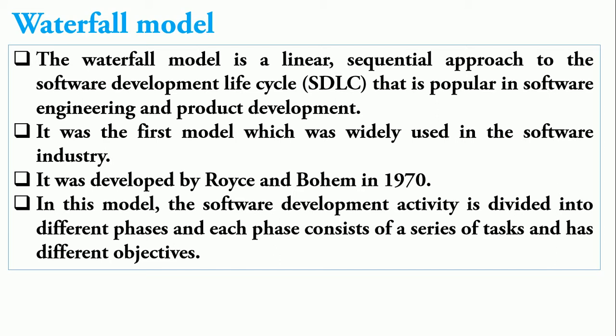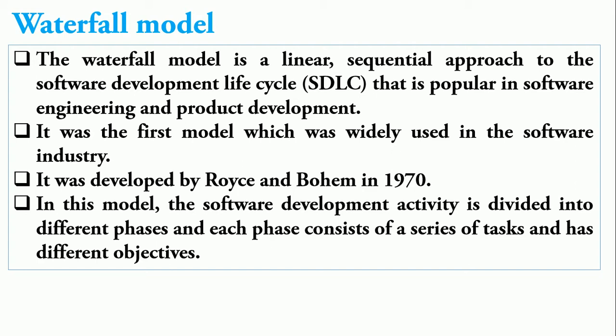It was developed by Royce and Boehm in 1970. In this model, for development purposes, we have divided the work into different stages, and those stages perform different operations. Every stage and phase has several tasks and objectives.